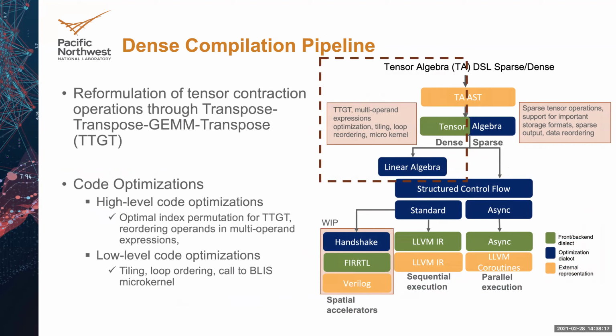The first thing we do is reformulate the tensor contraction operation using the transpose-GEMM-transpose approach. Then in the lowering part, we have two types of code optimizations, high-level code optimizations and low-level code optimizations.